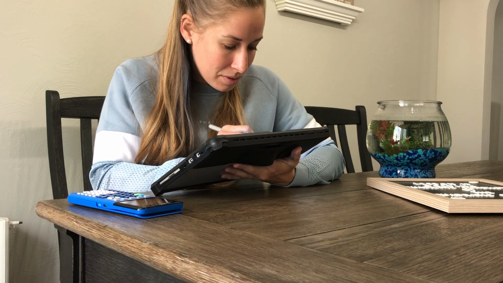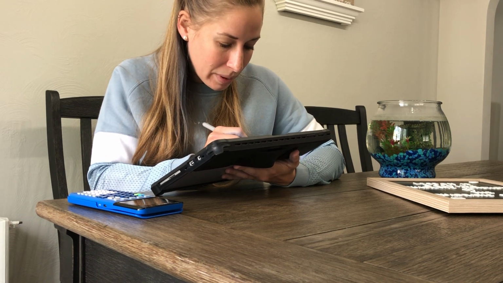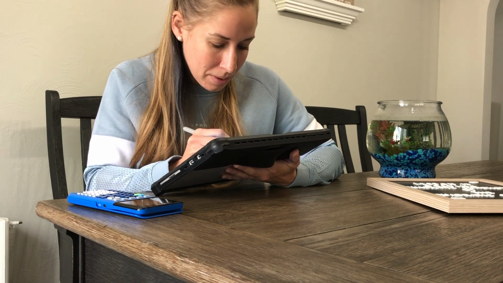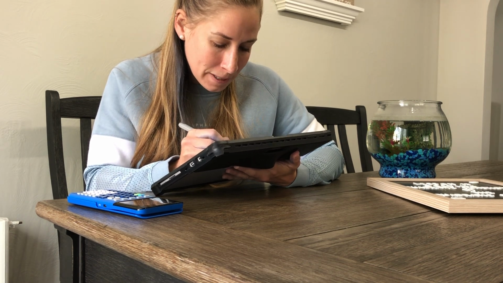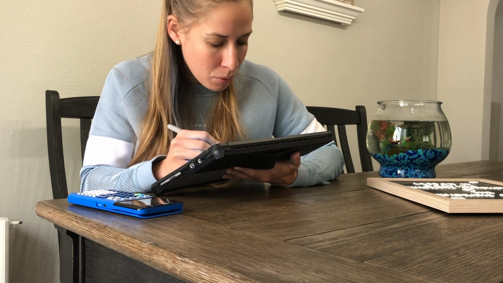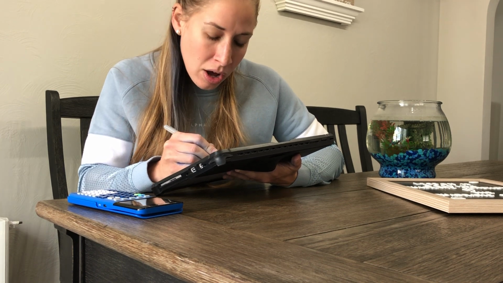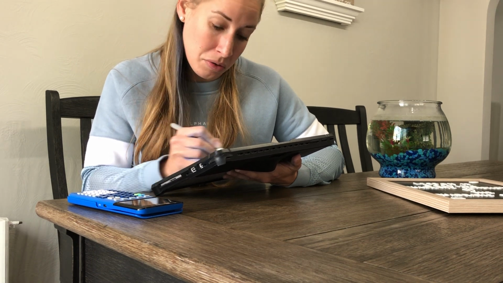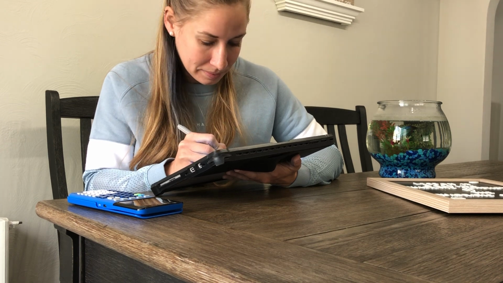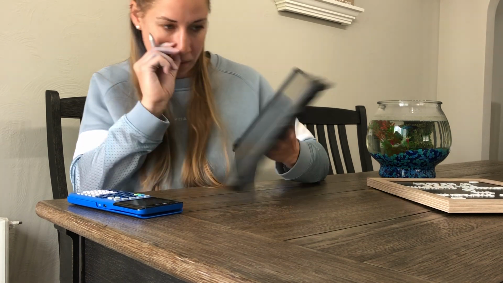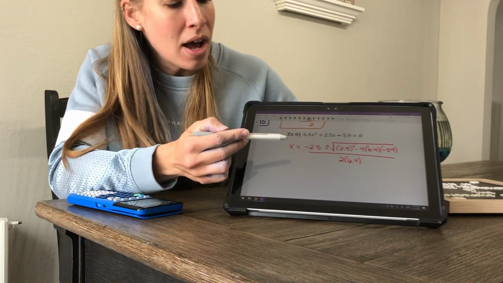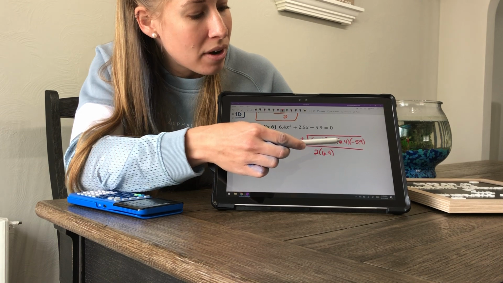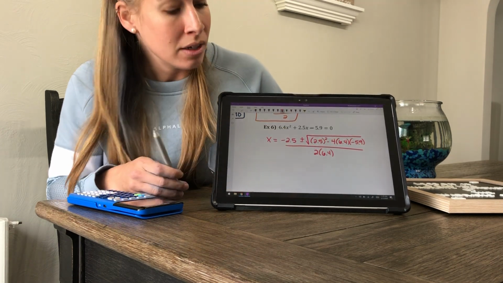So x equals the opposite of b plus or minus the square root of b squared minus 4ac, all over 2a. Okay, so opposite of b, negative 2.5 plus or minus the square root of b squared minus 4ac, all over 2a.